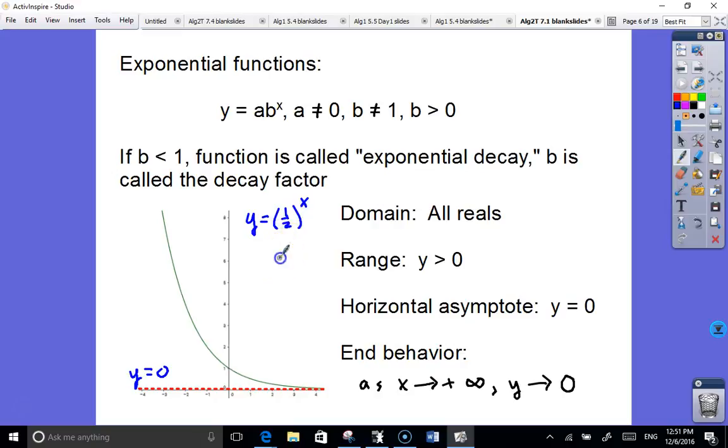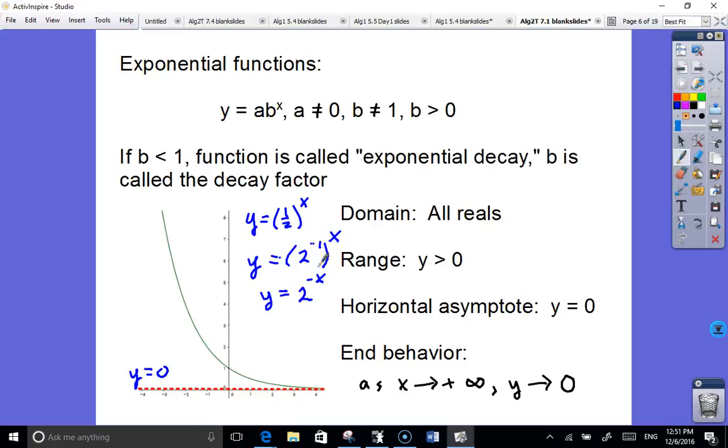If I move that 2 to the numerator, then that becomes 2 to the negative 1. 2 to the negative 1 is the same thing as 1 over 2 to the positive 1, which means this is y equals 2 to the negative x. Sometimes that's the way they define exponential decay. It's not because the b is less than 1, it's because the exponent is negative, right?